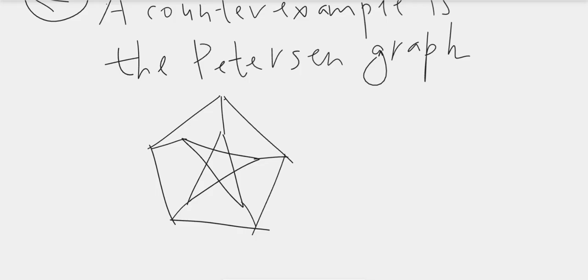There is an external pentagon, there is an internal pentagon, and there are crossing edges that connect the external pentagon to the internal pentagon. So it has 10 vertices, 15 edges, and the degree of each vertex is 3.